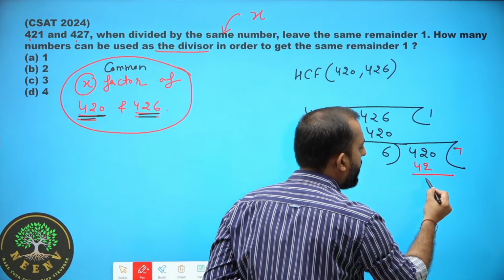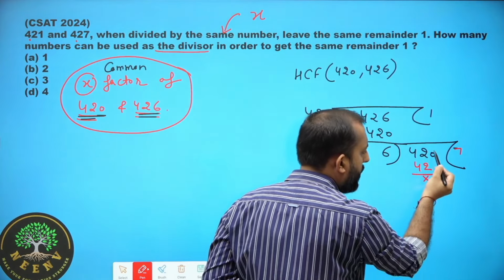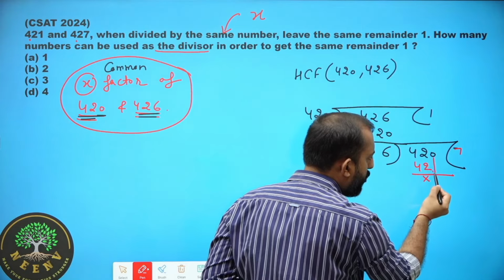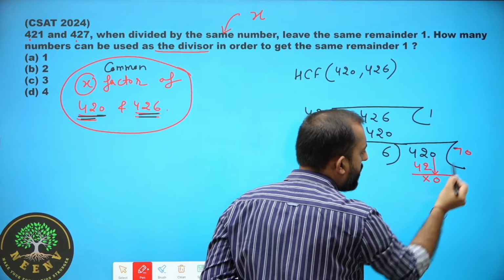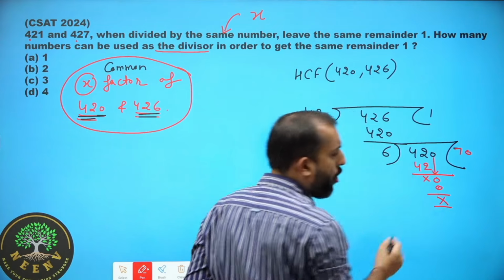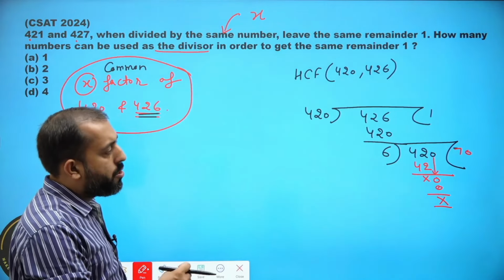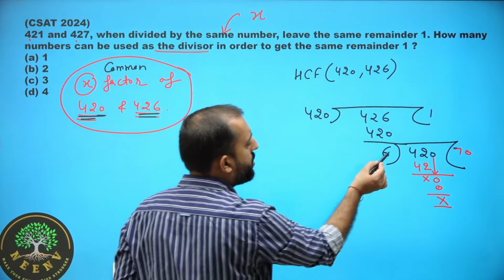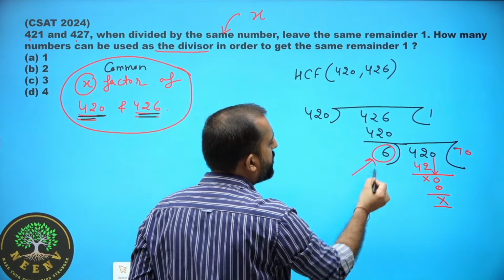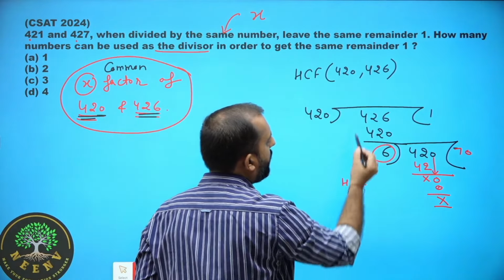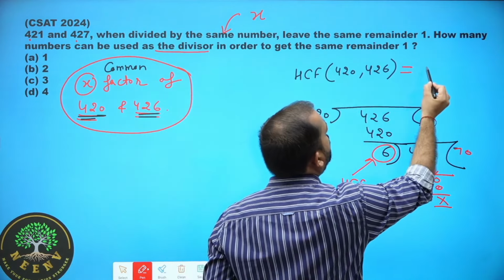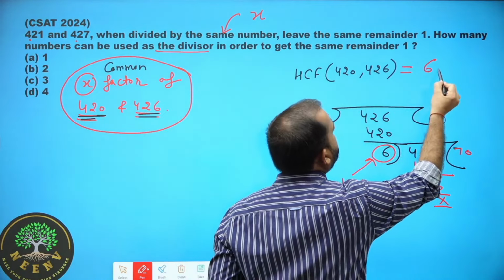So the remainder over here is nothing, but from the above you will drop 0. Now 6 zeros are 0. So finally your ultimate remainder is what? Your ultimate remainder is 0. So this is going to be your highest common factor. So the highest common factor of 420 and 426 is 6 directly.